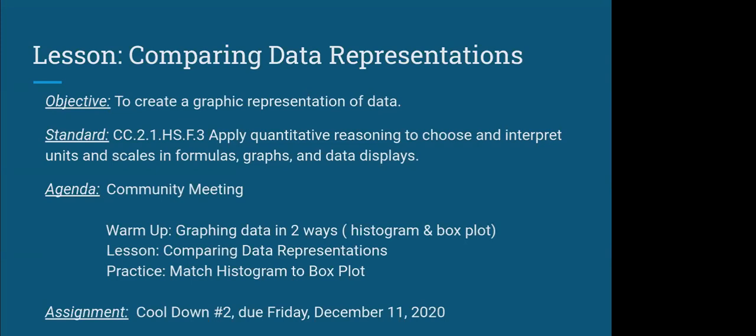Then we will look at cool down 2, which is related to the practice. For anybody who has not looked at it yet, you have 7 histograms and 7 box plots, and you will make 7 pairs. Okay, so let's get with it.